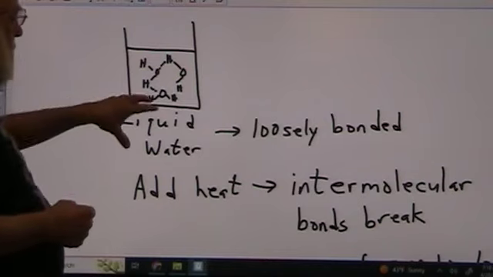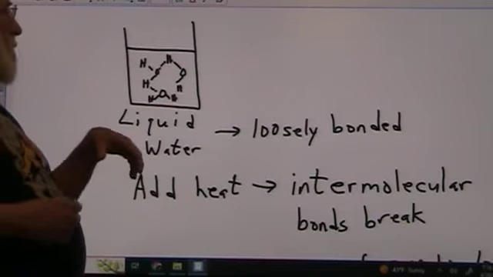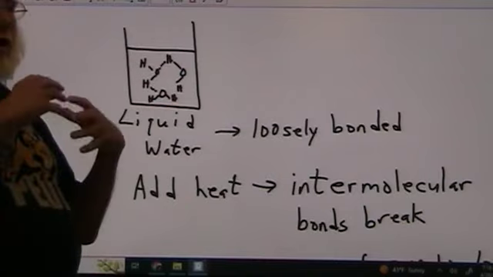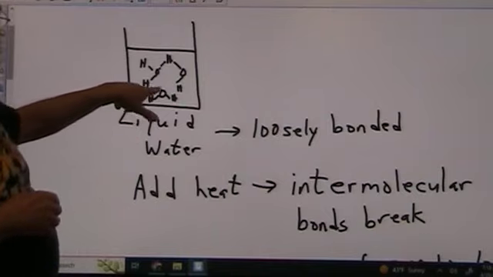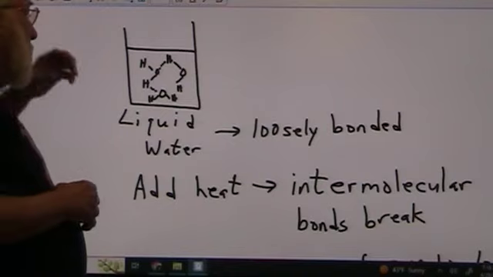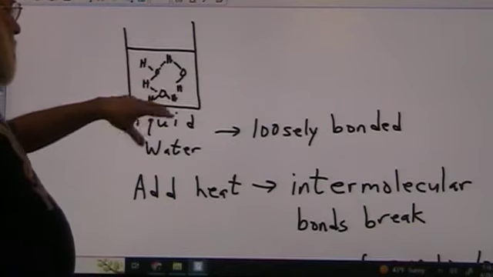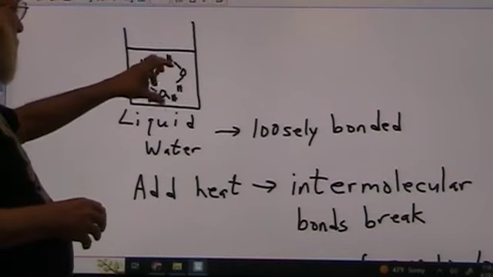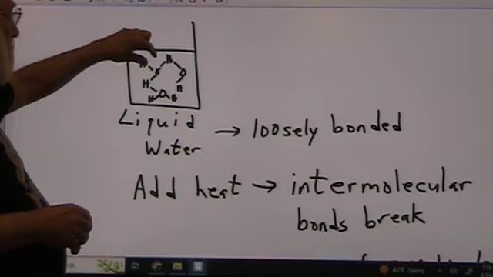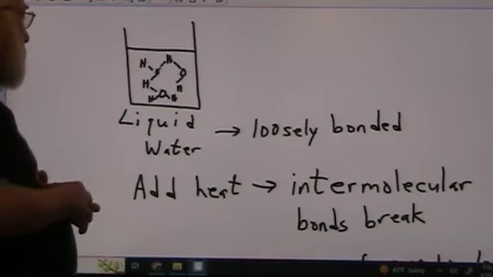So if you have loosely bonded molecules like we have with water here, they're going to start moving. These dotted lines, which I represent here as the hydrogen bonds we talked about before, are not as strong as the hydrogen-oxygen bonds within the molecule, the intramolecular bonds, as opposed to the intermolecular hydrogen bonds, which are much weaker than that.